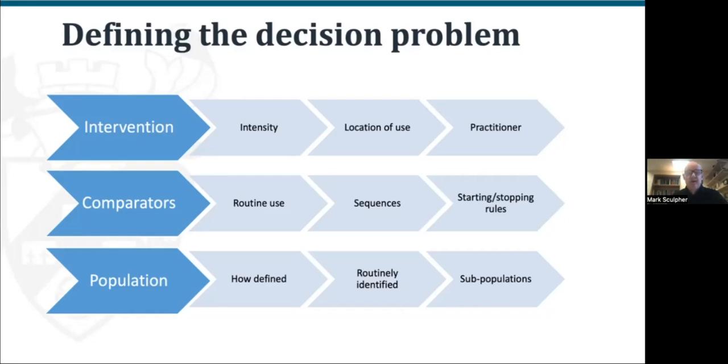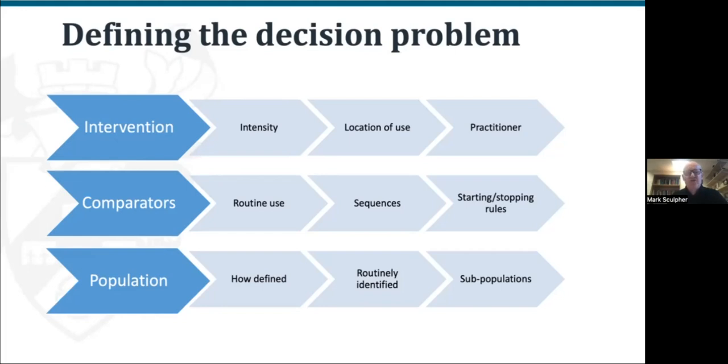But then there are the comparators as well, which is, how are these patients currently treated within the system? Are there alternative types of routine use? There may be more than one drug therapy available. There may be some non-drug therapies available. And exactly how those therapies are administered, for example, are they in sequences?